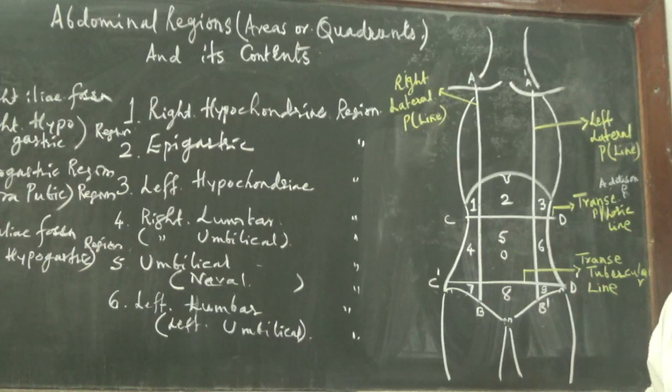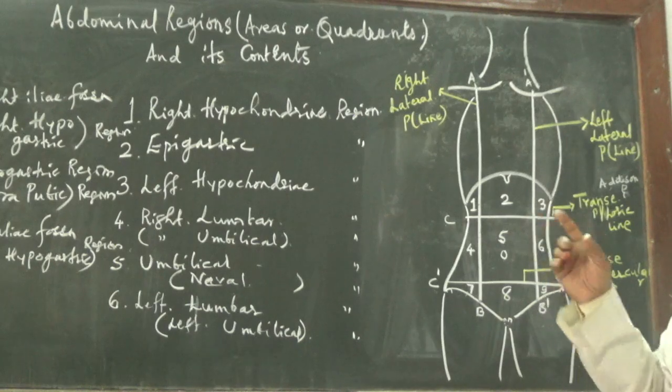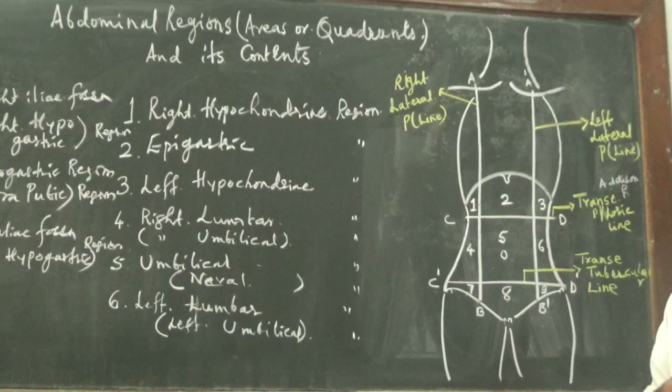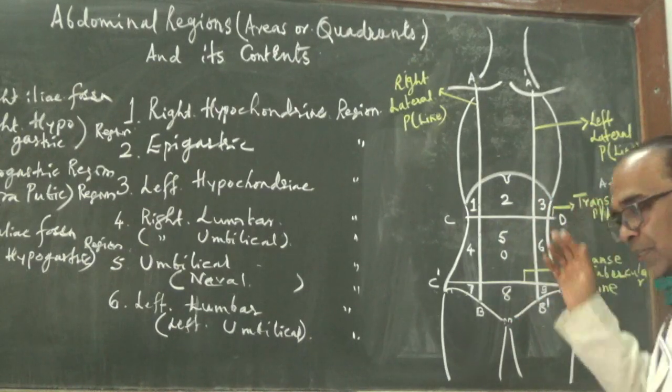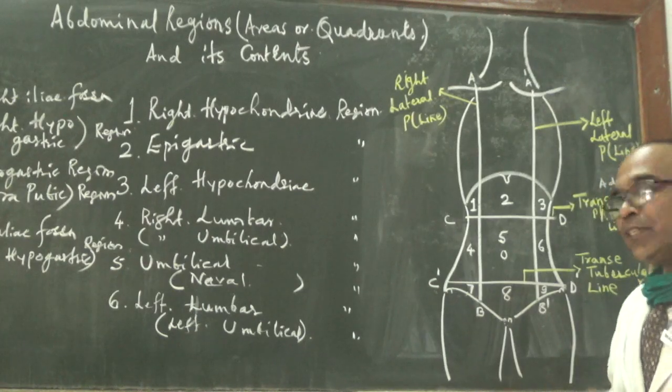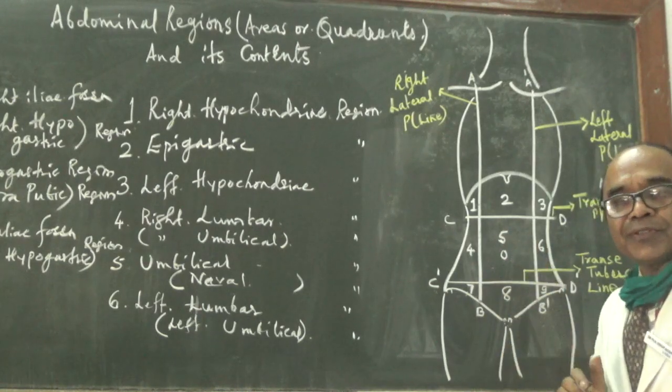But the question comes, why must one know these quadrants or the areas or the regions? Because in these areas, inside the abdominal portion, the abdominal organs are present.